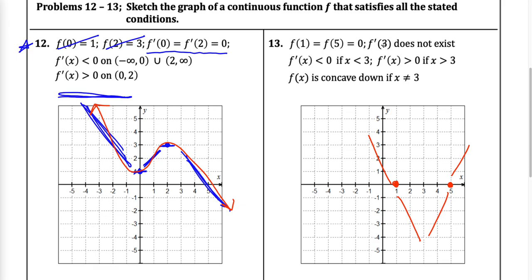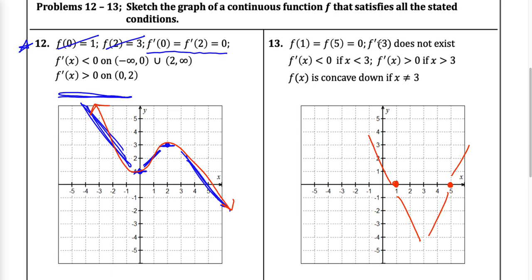You know what? It could be drawn either way. There's going to be multiple correct graphs we can draw. And as long as we draw a function that meets all of these conditions, it's correct. So f prime of 3 does not exist, to me, would either be a vertical asymptote or a hole or a sharp point. One of those three things.